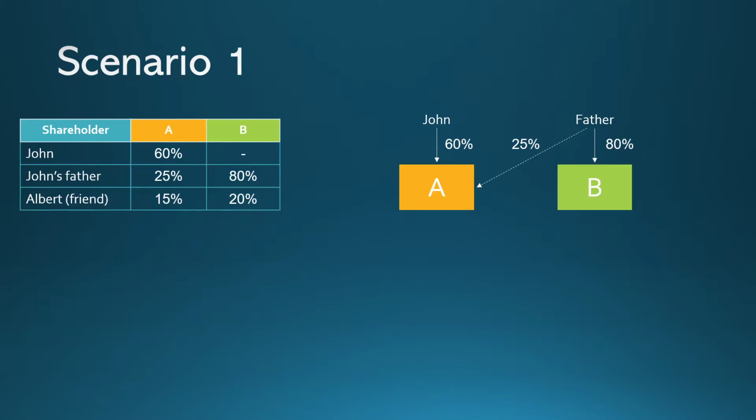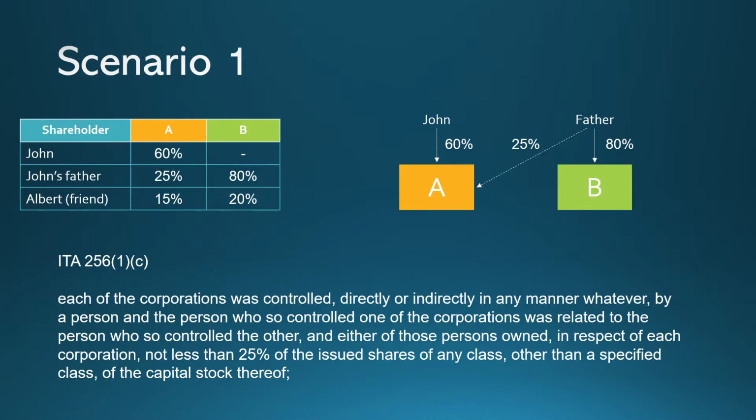If you're back, hopefully you found 256 subsection 1 paragraph C. And I've put out the whole provision there on the screen. To make it a bit easier, we can highlight the parts that we really need for this conversation. Each of the corporations was controlled by a person who so controlled one of the corporations was related to the person who controlled the other.